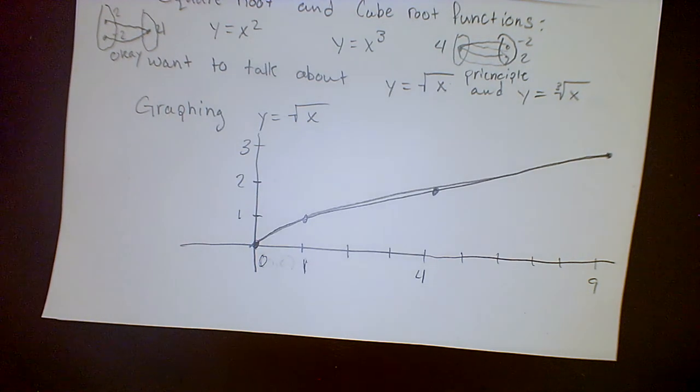So the cube root function is different because you can take the cubed root of a negative number. Okay, so the cubed root of a negative number is just defined, right?